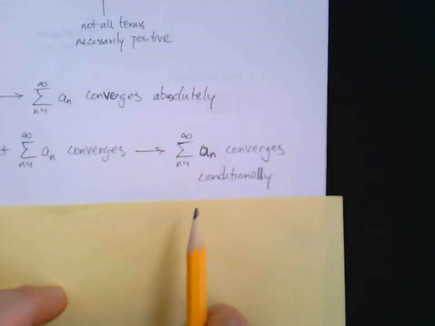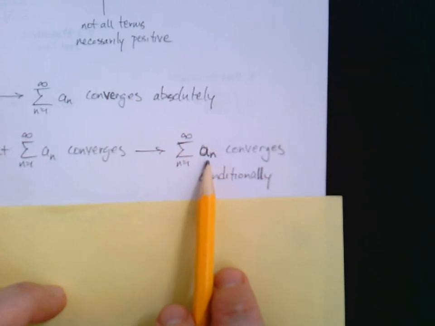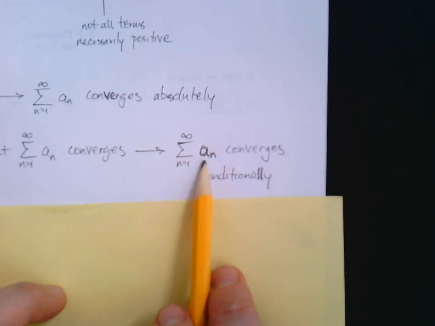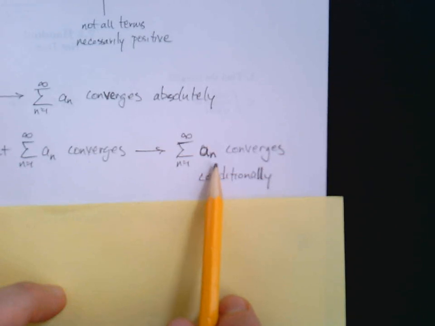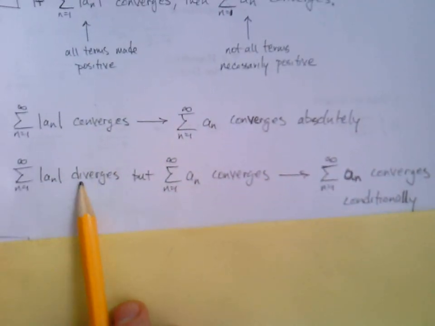Where does that name come from? In the case where not just some of the terms are negative, but even more than that, it's like the right terms have to be negative. If you make the correct terms negative, then it will converge. But if those negatives are removed or rearranged, it might very well diverge, right?